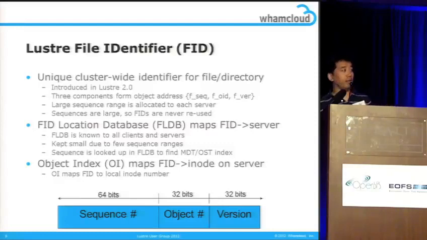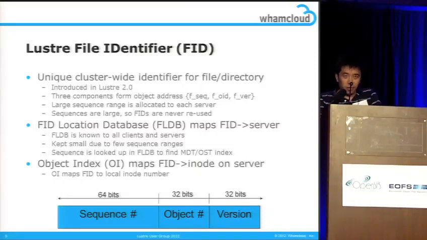The sequence controller is on MDT0. This range is very big, actually 1 billion sequences. So if the client wants to create a file or directory, it will request a FID from this target.